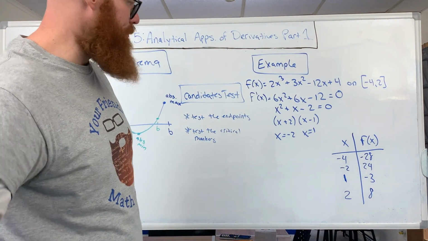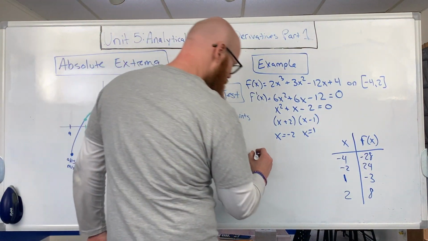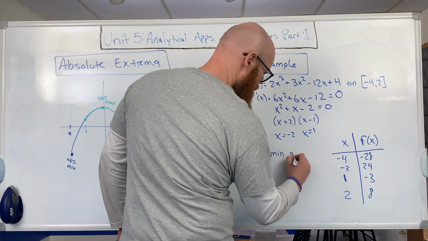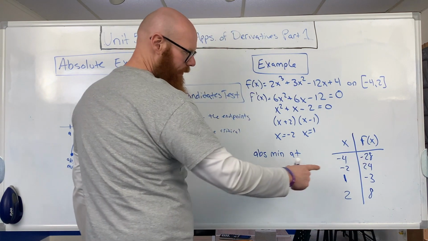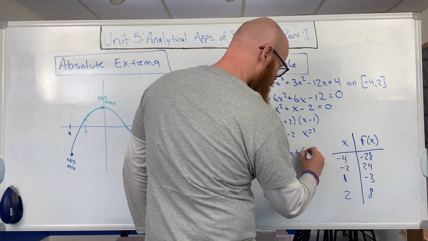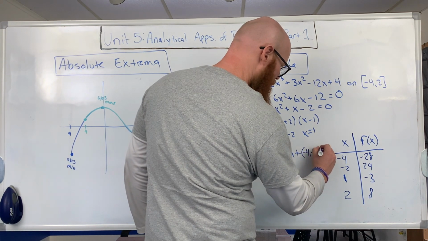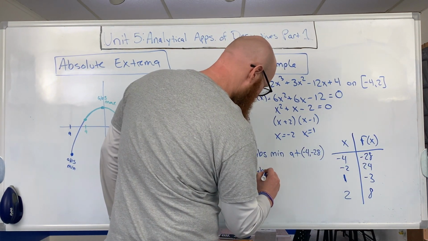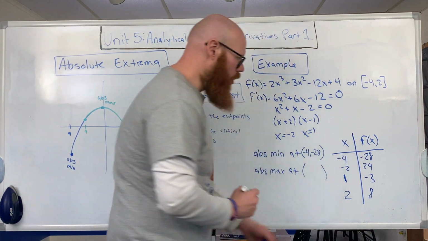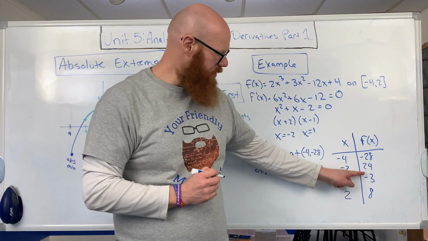So what this means is you have an absolute min at the smallest of these values, which is -28. So it occurs at -4, -28. And you have an absolute max at, well, the largest of all these values is 24.